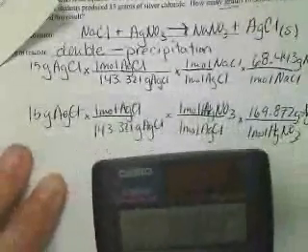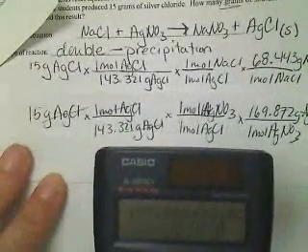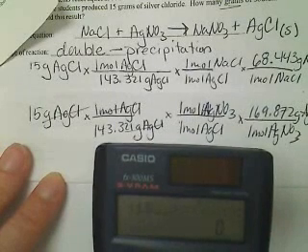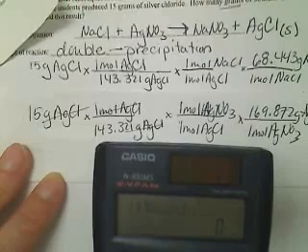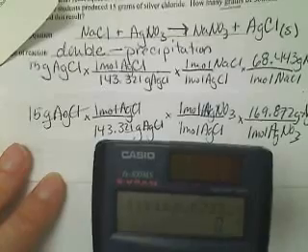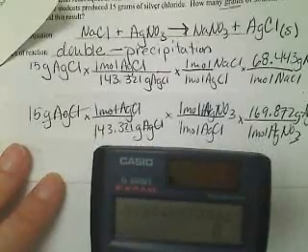So again, we multiply everything on top, divide by everything on bottom. So here we go. Open parentheses, 15 times 1 times 1 times 169.872, close parentheses, divided by 143.321.